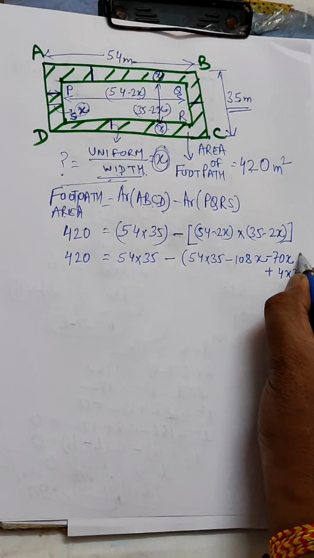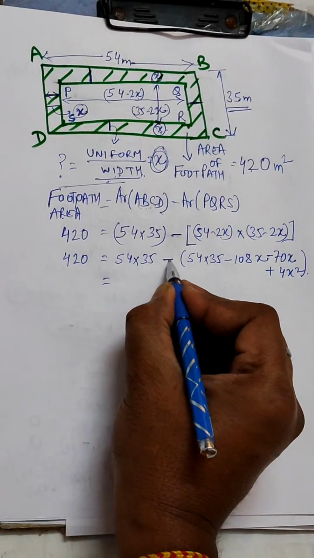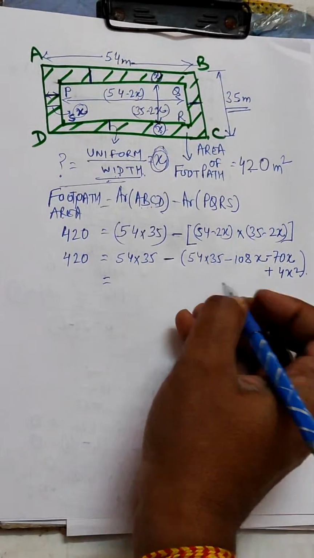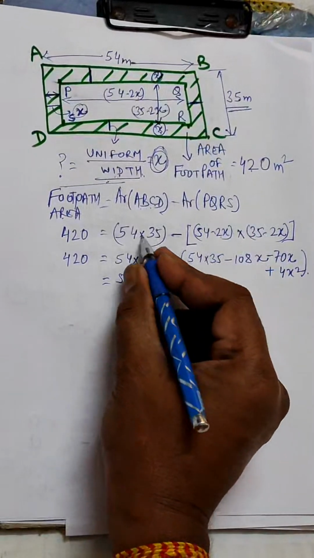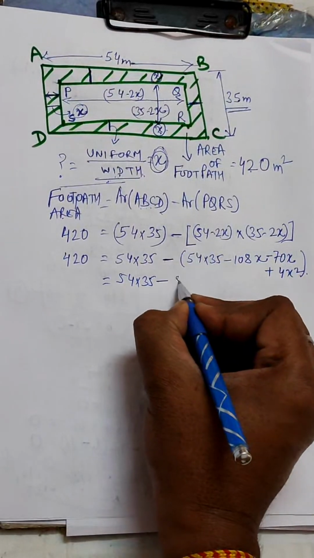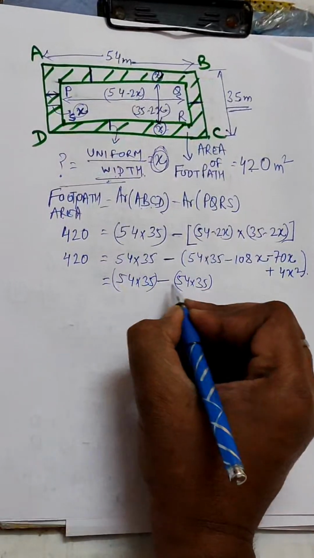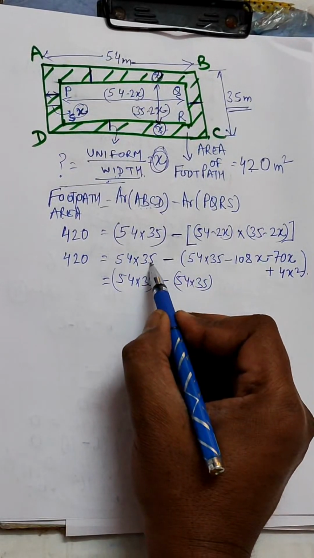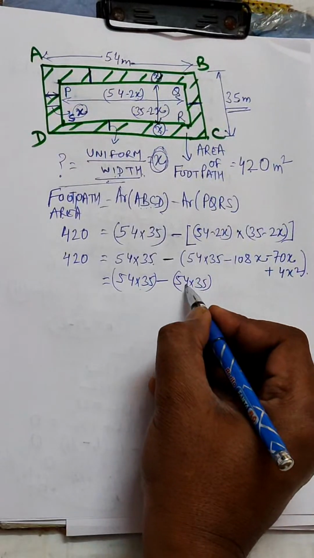When you multiply this minus sign across all the terms of the bracket, what is left? 54 into 35 is the first term as it is, coming from the previous step, minus 54 into 35. You can see the beauty of why we have not multiplied. Since we have not multiplied, we saved our time. So in this step, you can see this and this will cancel out.